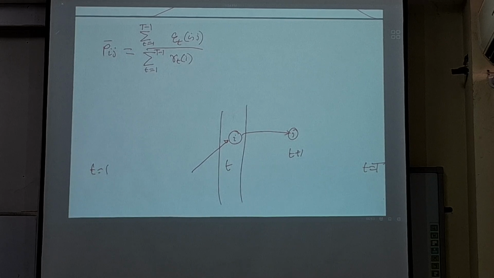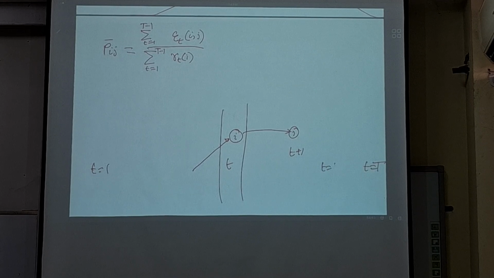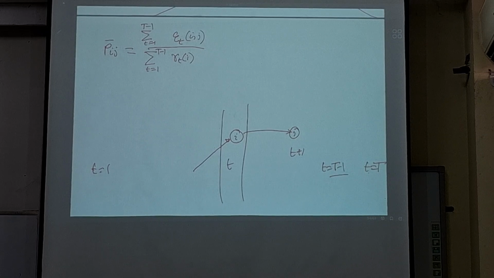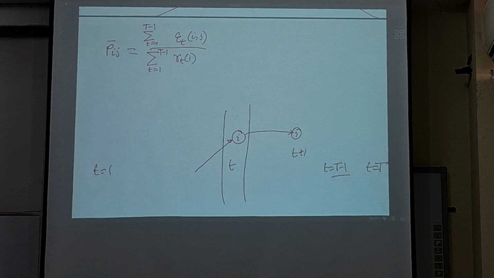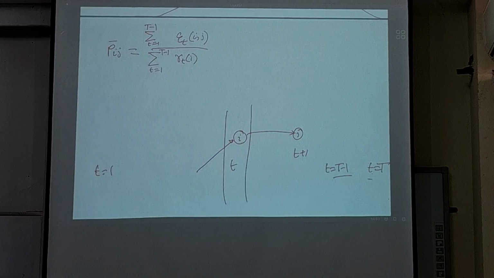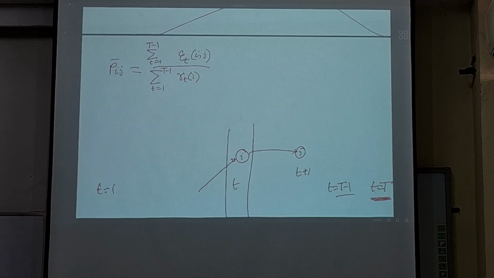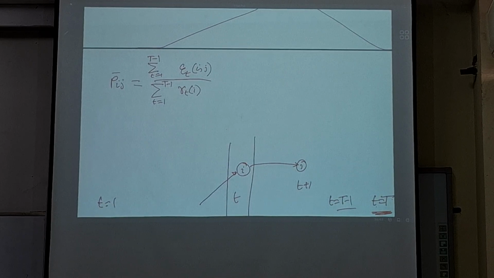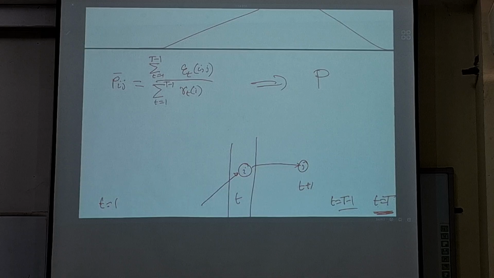Why is T minus 1 there? Because when you are in T minus 1, only then you can have a transition to state J at time T. But from T equal to T, you cannot have another jump. That's why the limit will only go up to T minus 1.